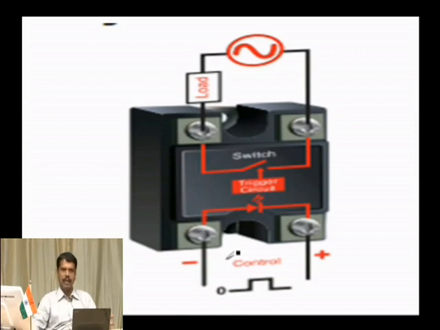There are no mechanical contacts as you see in a relay. The LED control signal is fed to the LED, and the light signals are detected by a photo device here, a photodiode or phototransistor, whatever it may be. It switches on and off, so the load is connected or disconnected. So this is how it works.